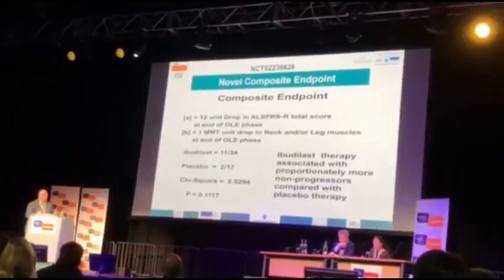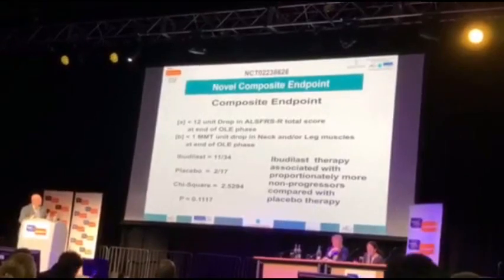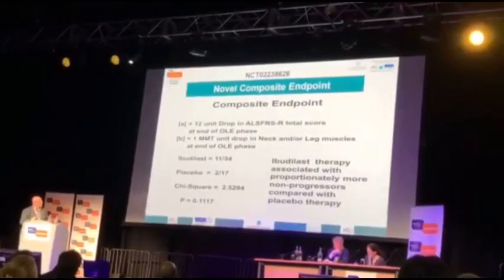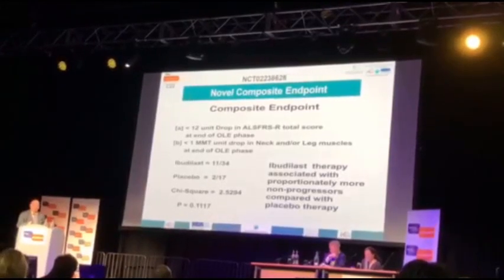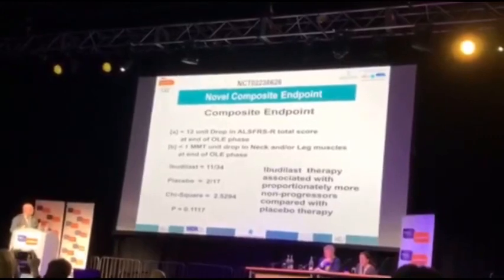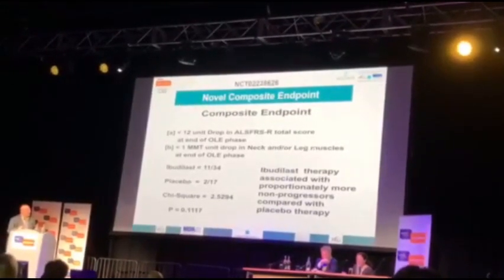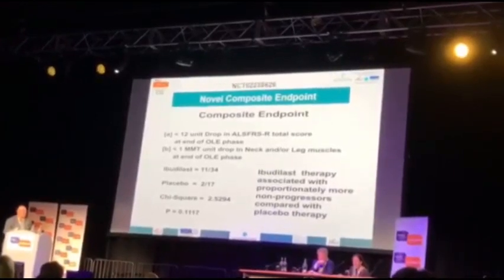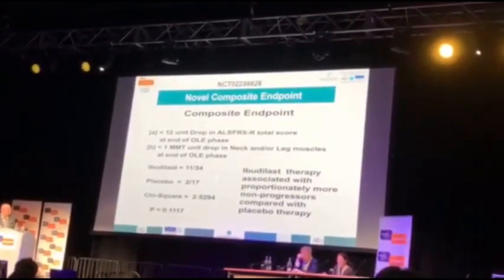The composite endpoint was less than a 12-unit drop, 1 per month. At the end of the open label phase, everybody had to have no more than a 12-point drop, and not have a drop in neck or leg muscle during the open label phase. This wasn't related to the weakness that we saw in the washout phase.